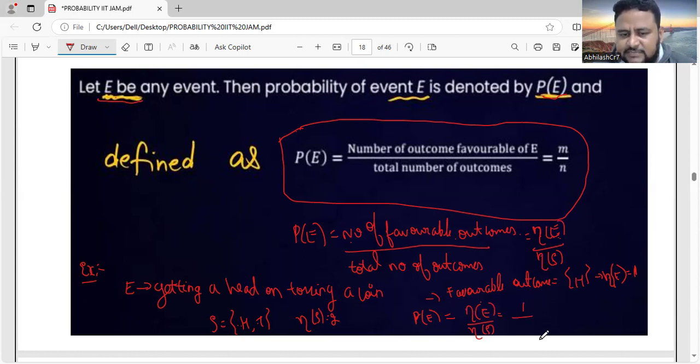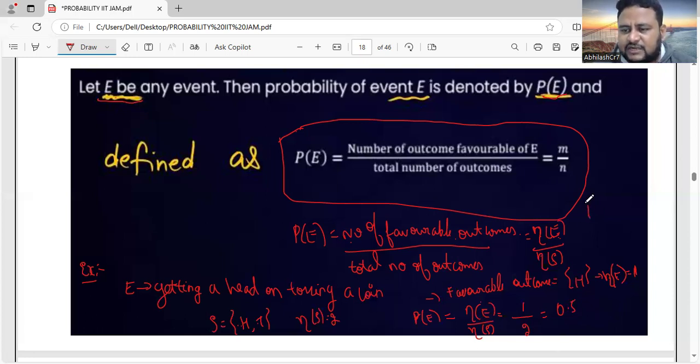The cardinality of S is how many outcomes there are: 1 and 2, head and tail, so it is 2. So the probability is 1/2, or 0.5. So this is the meaning of probability.